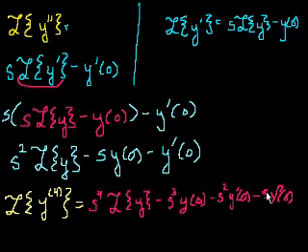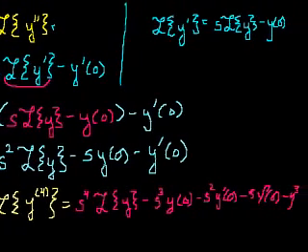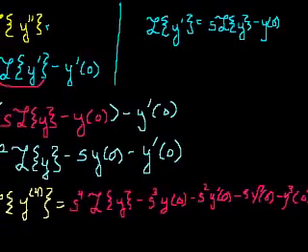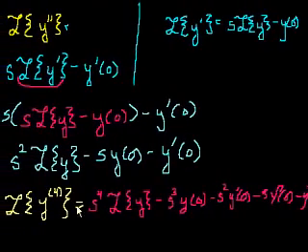Lower the degree on the s one more time, then you get s to the 0, which is just 1. So minus 1 times the third derivative of y evaluated at 0. So I think you see the pattern now, and this is a much faster way of evaluating the Laplace transform of an arbitrary derivative of y, as opposed to going through that pattern over and over again.